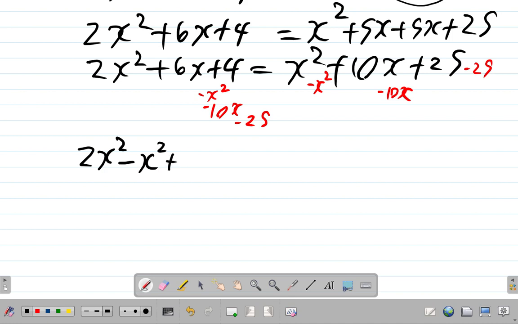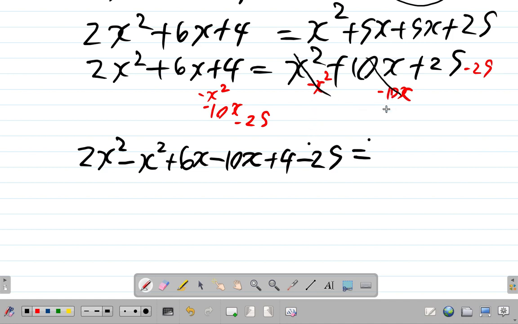The x now, plus 6x minus 10x. Numbers now, plus 4 minus 25. You see, equal x squared minus x squared, this is gone. 10x minus 10x, 0, that is gone. 25 minus 25, 0, that is gone. So you have equal 0 over the right hand side. So you see.